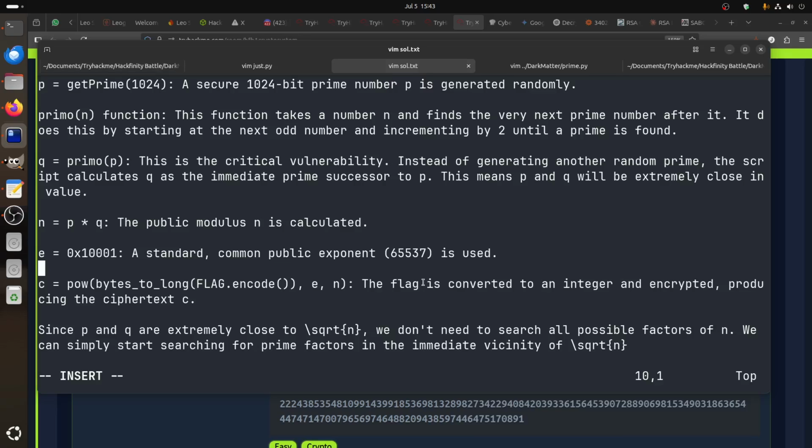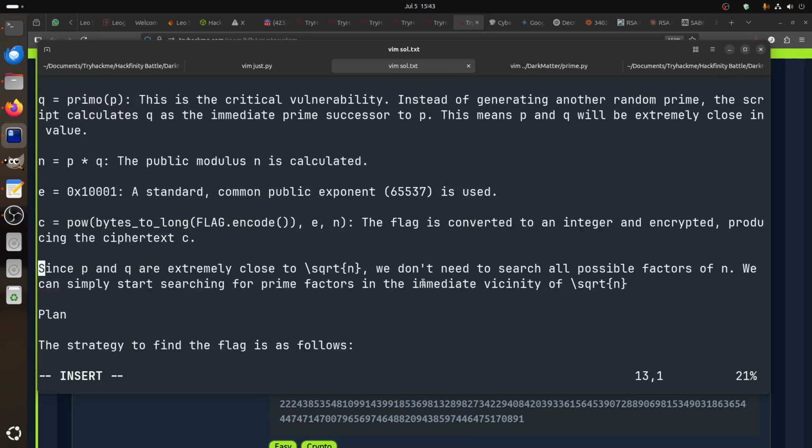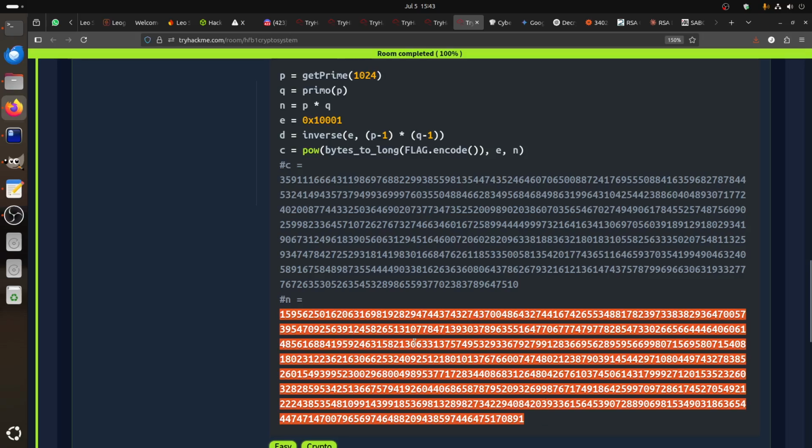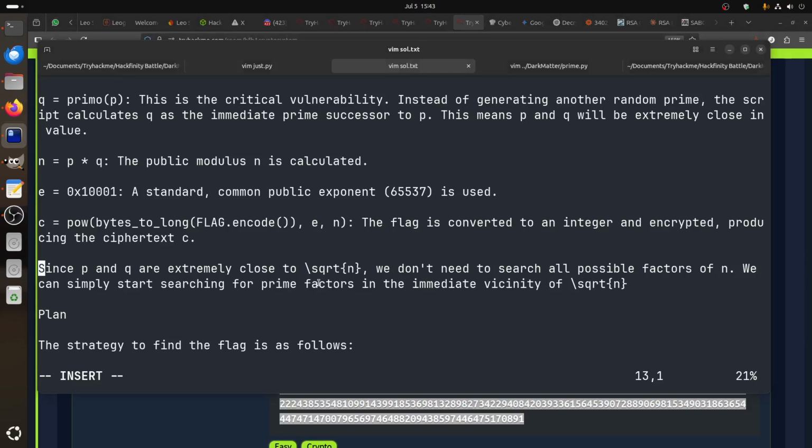So what does that mean? Because P and Q are next to each other and they are prime, they are close to the square root of n. Remember, they give us n, and we need to find P and Q, where P multiplied by Q equals n.